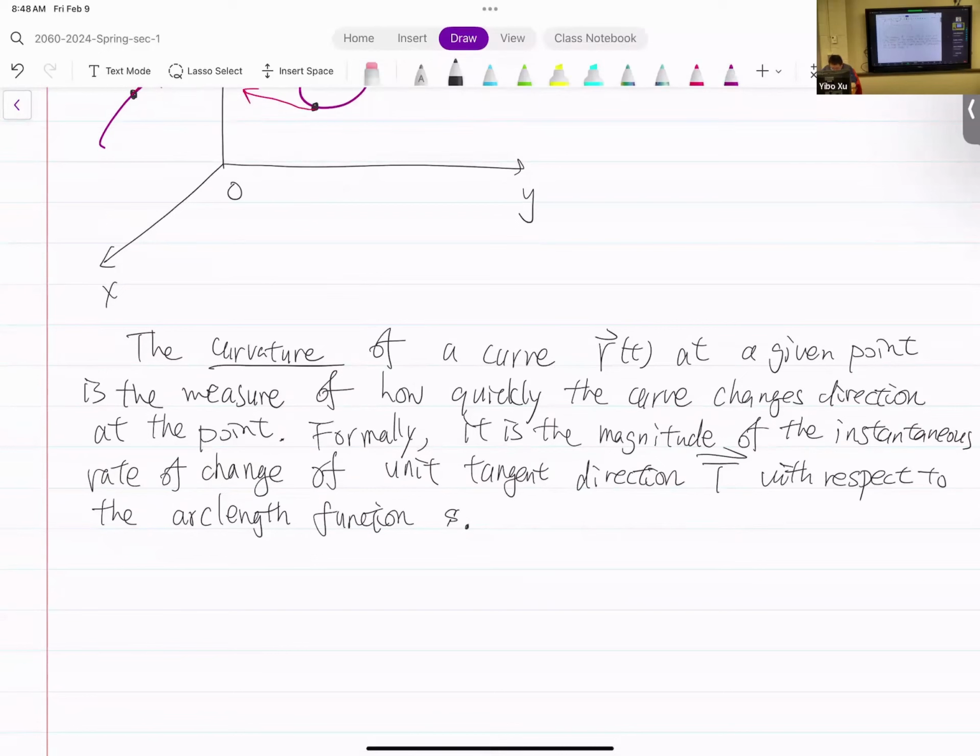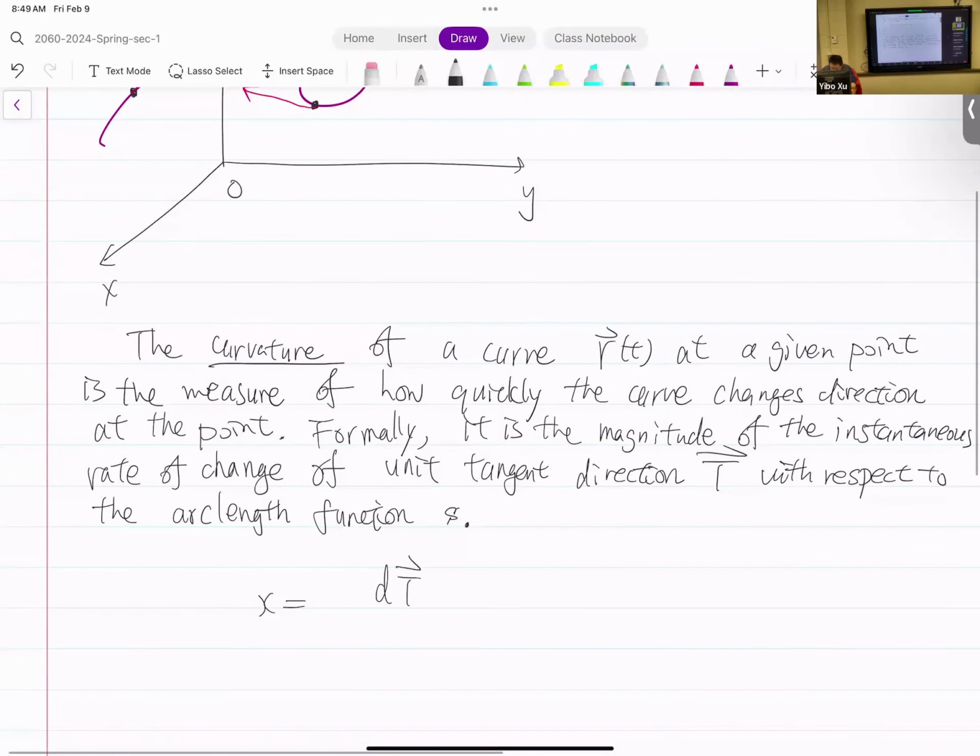So to put it down in an equation, this curvature is always denoted as kappa. It looks like a K, but it's more curly. So it's going to be the rate of change of the unit tangent direction with respect to the arc length, okay, and we take the magnitude.